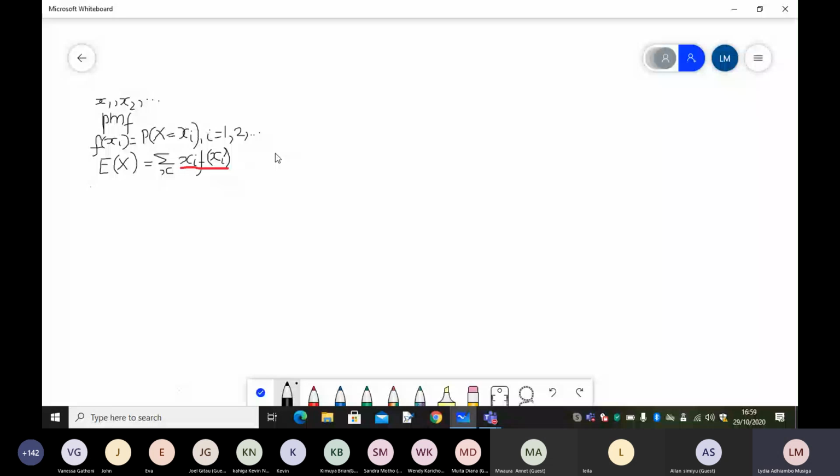What is the expected gain of a player in a single game?